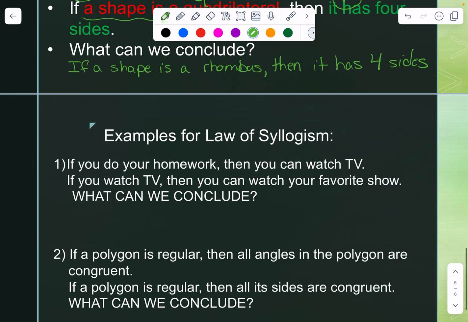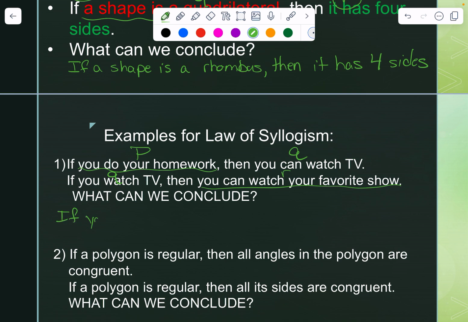Let's try another one. If you do your homework, that's our P, then you can watch TV. That's our Q. If you watch TV, that's our Q, then you can watch your favorite show. That's our R. So what can we conclude?